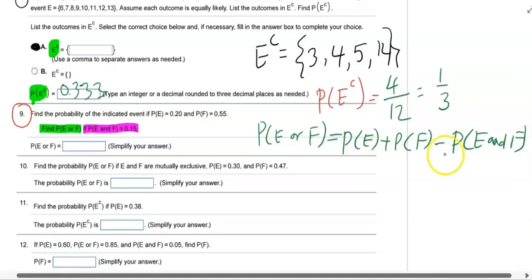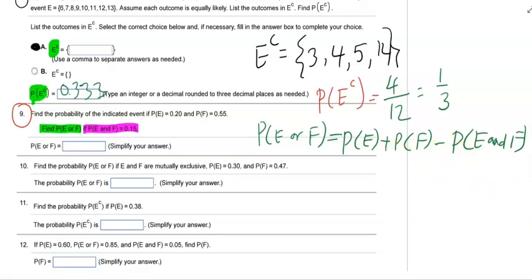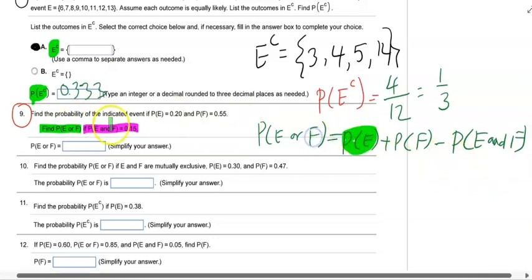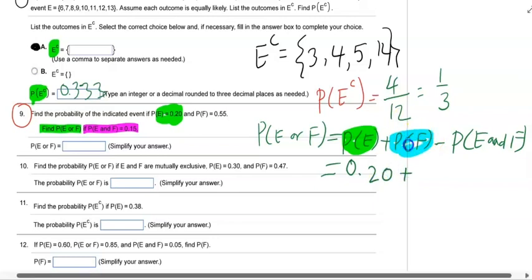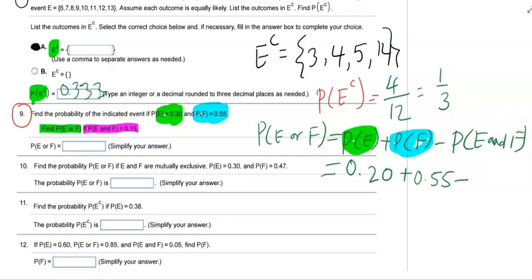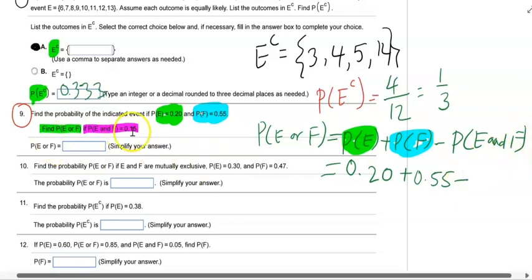Okay, now let's substitute the value of probability of E, which is 0.20, plus let's find the probability of F, which is 0.55, minus probability of E and F, which is 0.15.